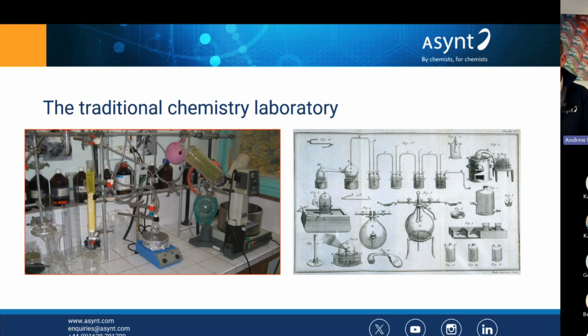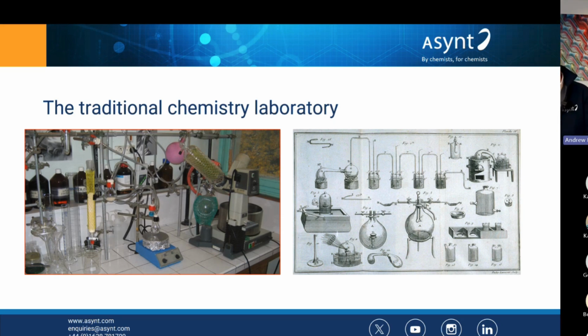So I always like to start off by saying that we're all chemists, hopefully, and we've been in different laboratories over our years as chemists. I've travelled to lots of different countries, haven't seen much of them, but I've been into lots of laboratories, and they all look the same.